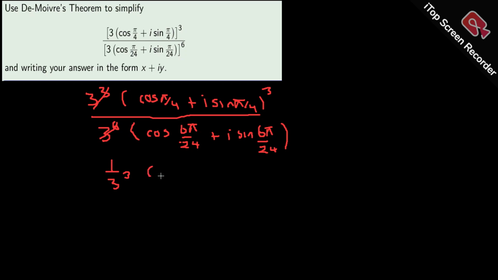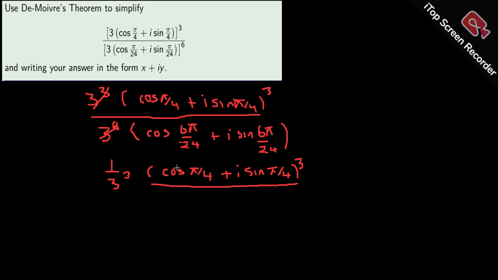What are we going to do next? I know I have these guys this side. I know they can work out, so I'm going to make them work out, raised to the power 3.